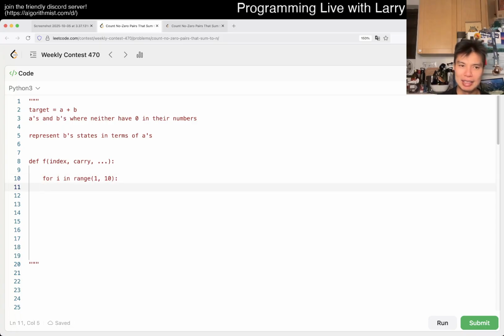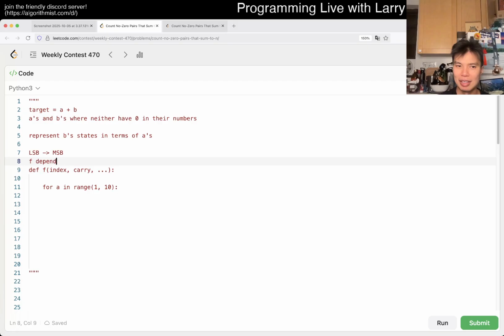If you know what I'm talking about, then I'm going from least significant bit to most significant bit, right? And we'll talk about what that means in a second. But basically, the current A digit is equal to this, and this function is depending on A. So then we could calculate B indirectly, right?